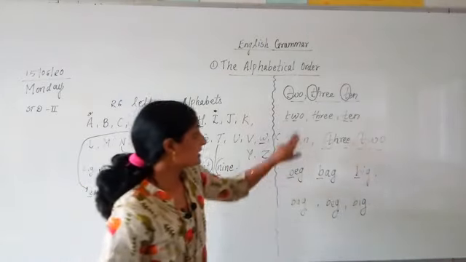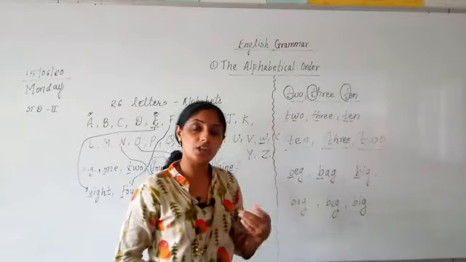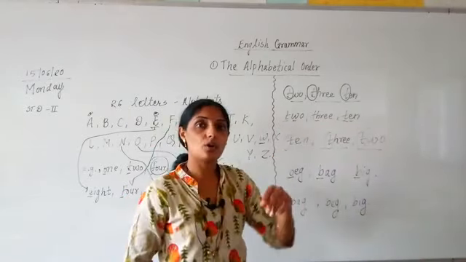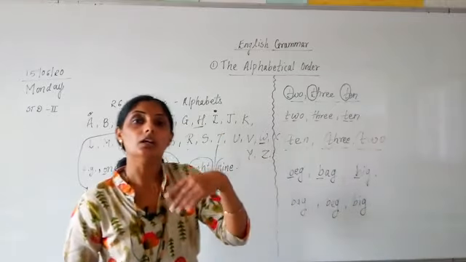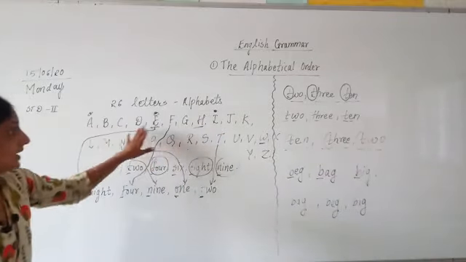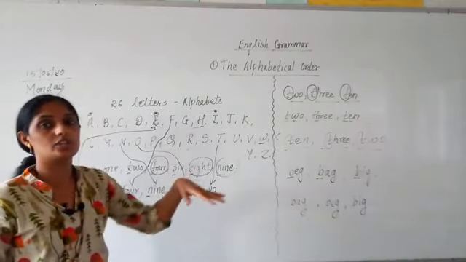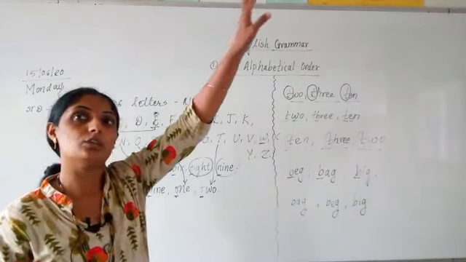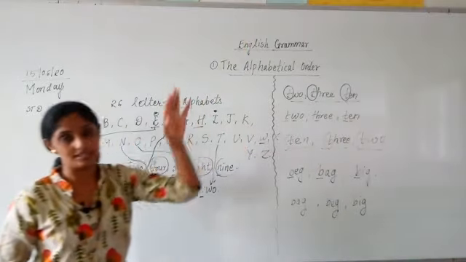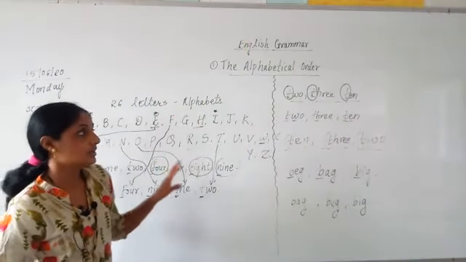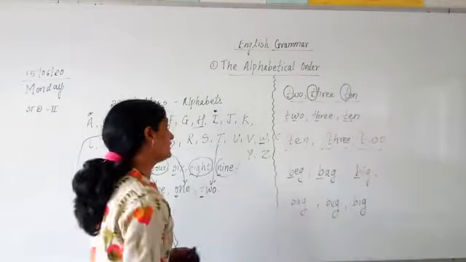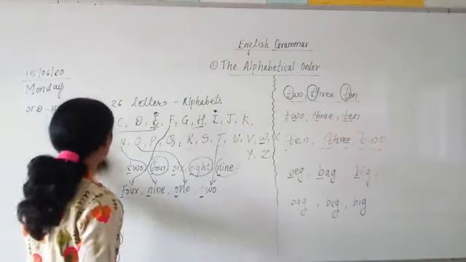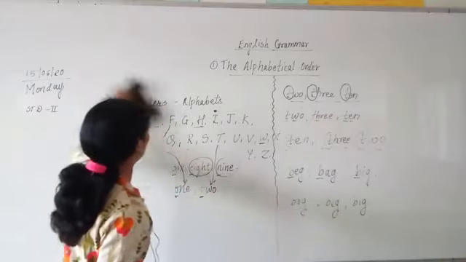Then in the third letter you see the sequence of the letters: A, B, C, D, E, F, G, H, I, J, K, L, M, N, O, P, Q, R, S, T, U, V, W, X, Y, Z. Understood? In this way we have learned the alphabetical order of words.